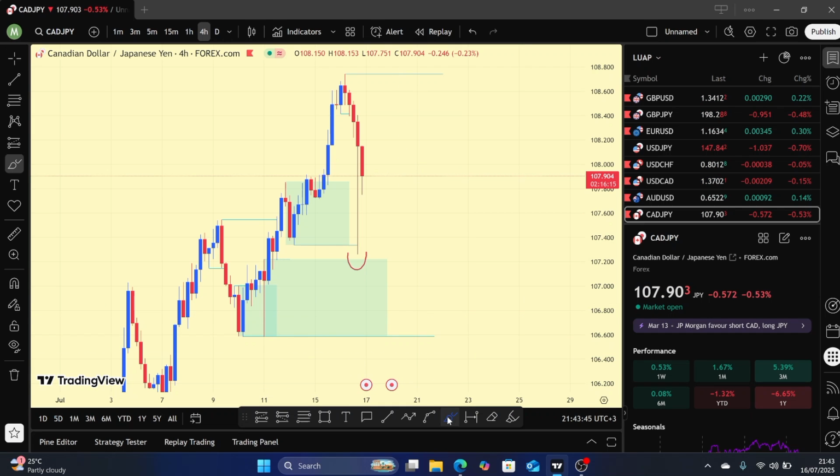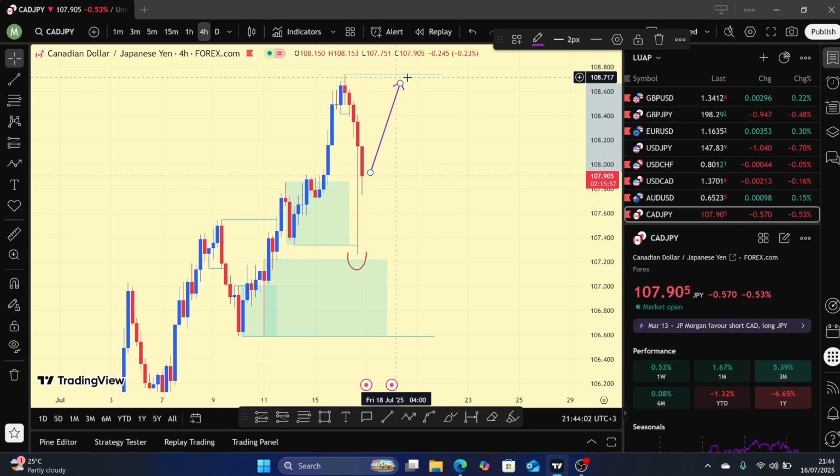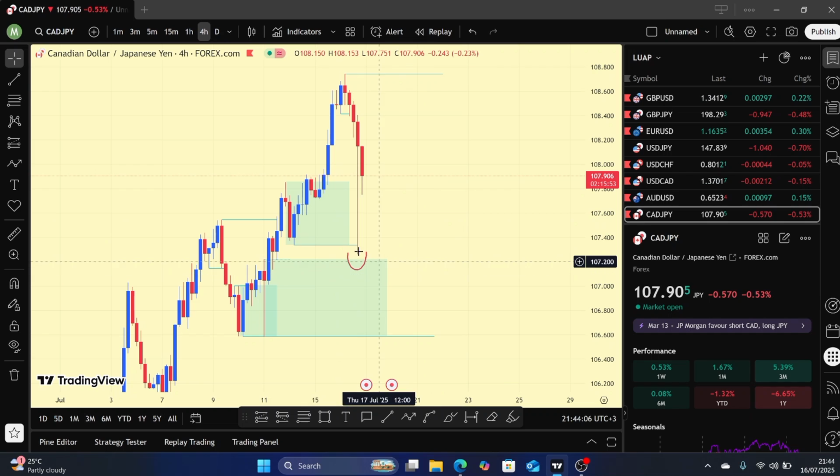So this means that there is a good possibility that price will not come back all the way mitigating our extreme POI, rather reverse back and break past our external liquidity. So what do we check here after price has swept the liquidity? What you check obviously is the reversal patterns, and that's what will give you the signal to take the trade.